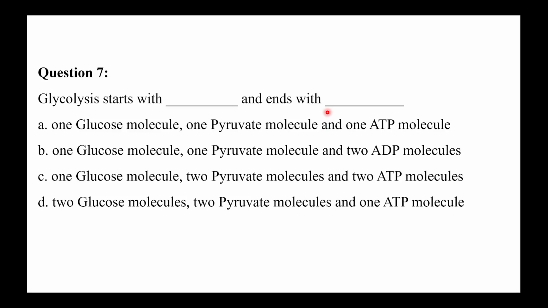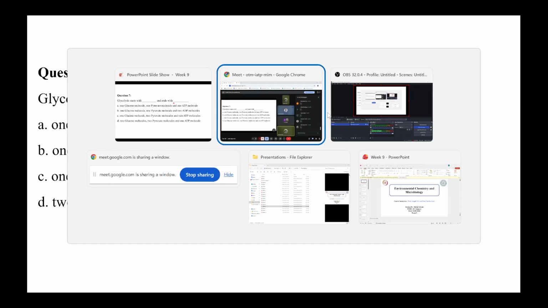Option C, one glucose molecule, two pyruvate molecules, and two ATP molecules. And option D, two glucose molecules, two pyruvate molecules, and one ATP molecule. What would be the correct answer?